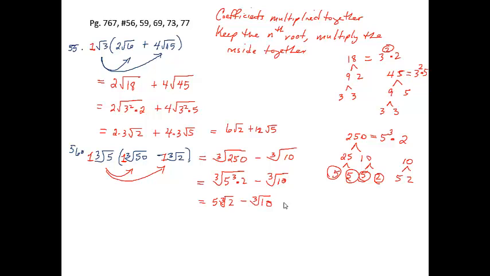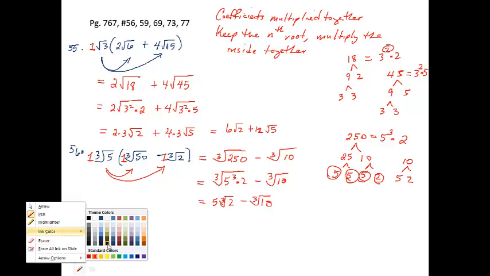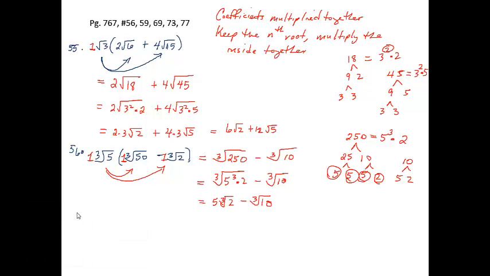Great. Now let us work on number 59. Alright, number 59. What do we have going on here? Well, it says the square root of 5 plus the square root of 8, whole thing squared.